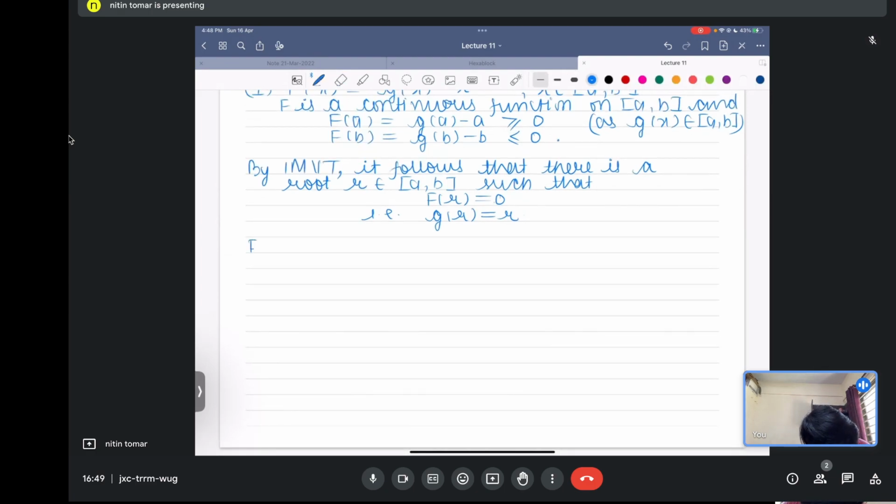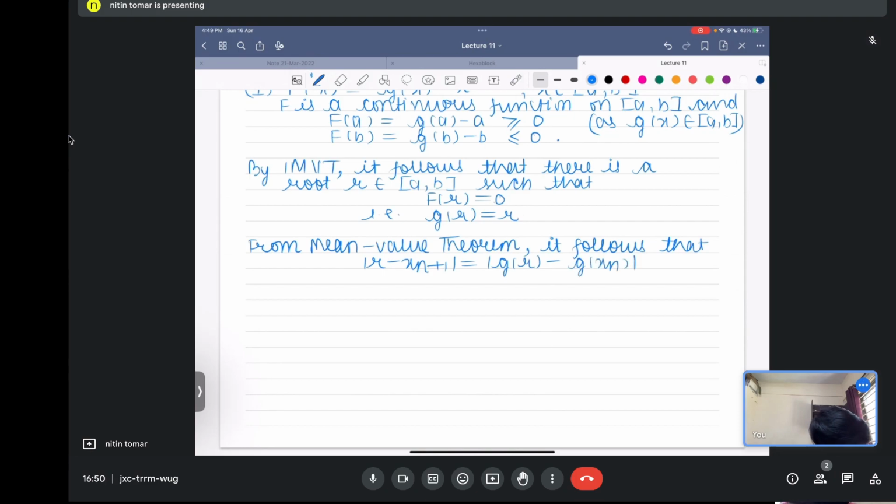Yeah, so from mean value theorem, it follows that modulus of R minus x_{n+1}, which is nothing but g of R minus g of x_n, the way we have defined the iterative sequence, will be some g dash xi_n, mod times R minus x_n.